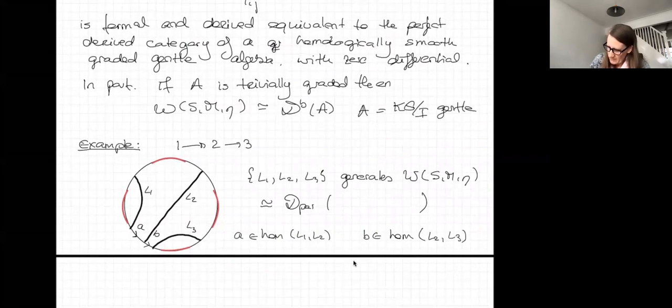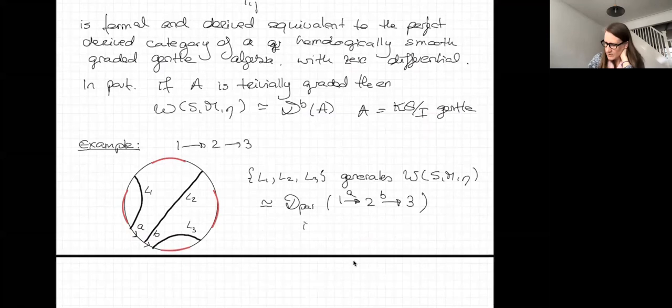And actually, because we can continue this flow here, we have that AB is non-zero. And so this means we get exactly this gentle algebra with A and B, but it has some grading on it, okay? And now there is a line field on that surface such that, okay, so let me make some room.